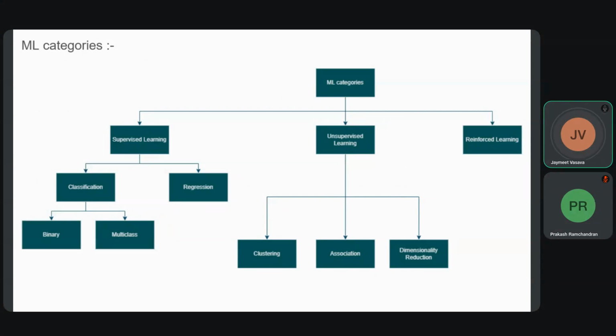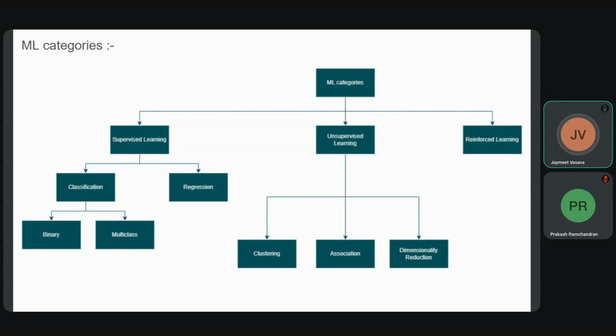In unsupervised learning, the model has to learn the data on its own, there is no known outcome, and we let the model learn the pattern and tell us what the data is telling. Reinforced learning is penalty and reward based learning. If the model predicts good or desired results, it is rewarded and penalized if not.